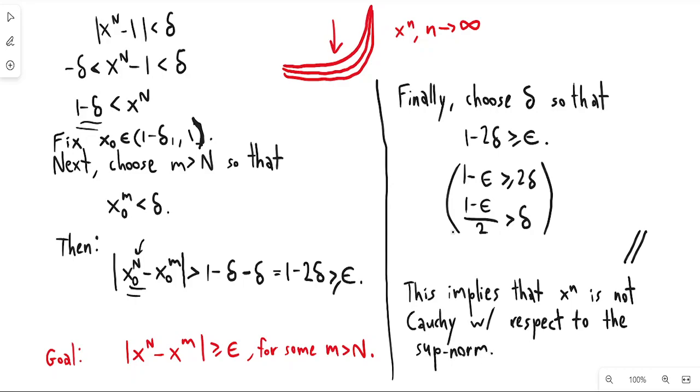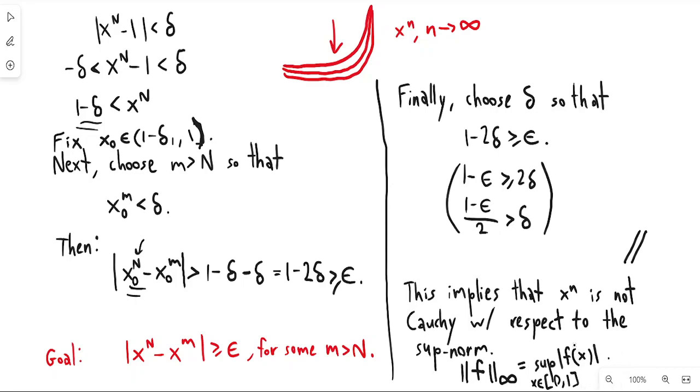So, if you don't know what that is, the sup-norm is generally written like this. You put in a function f, and the sup-norm of f on, in this case, the interval from 0 to 1, is the supremum of the absolute value of f of x, where x is in the interval from 0 to 1, right?